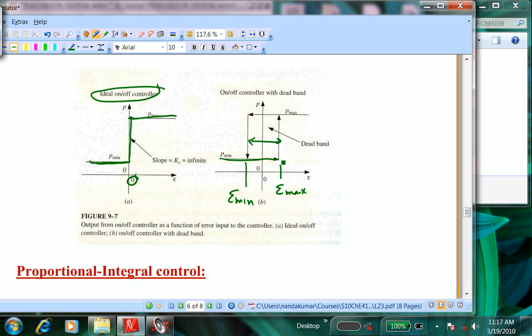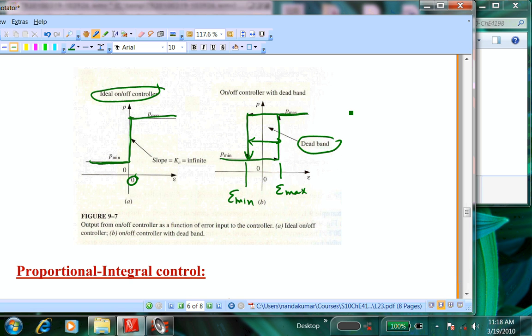As the error is in this stage, once it exceeds Emax, it opens that, and it will keep it open until the error falls back below a certain minimum. So while coming back, it follows this path. Okay, and as a control engineer, you choose what this dead band is, so that you don't have this frequent opening and closing. You want to control how frequently it will open and close.